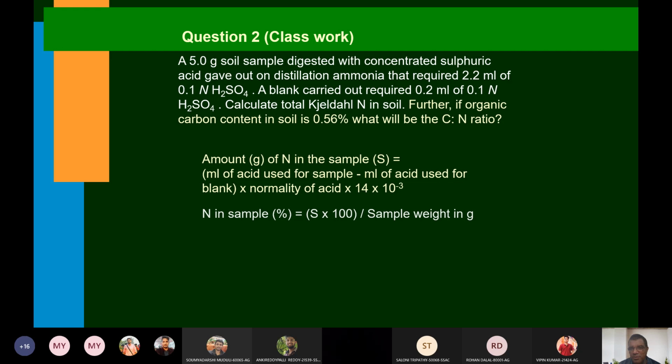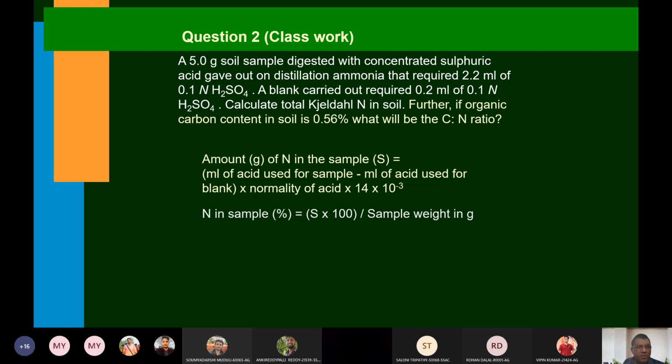Now this is an example you can do. You can start doing this example. This is your practical. Now your practical starts, you do it. This is your classwork. A 5 gram soil sample digested. Now, instead of plant, I write soil, suppose. A 5 gram soil sample digested with concentrated sulfuric acid gave out on distillation ammonia that required 2.2 ml of 0.1 normal H2SO4.